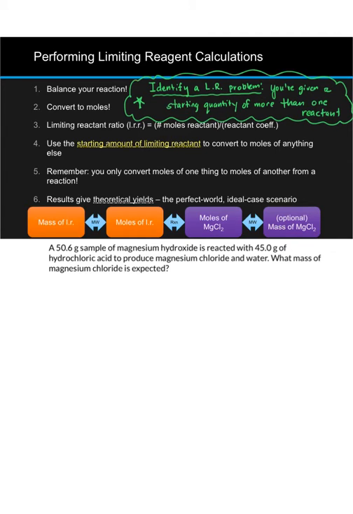So we react magnesium hydroxide. Magnesium hydroxide has the chemical formula that includes magnesium with a 2+ charge, hydroxide with a 1- charge, Mg(OH)2. Hydrochloric acid is HCl. This reaction produces magnesium chloride, MgCl2, and water.